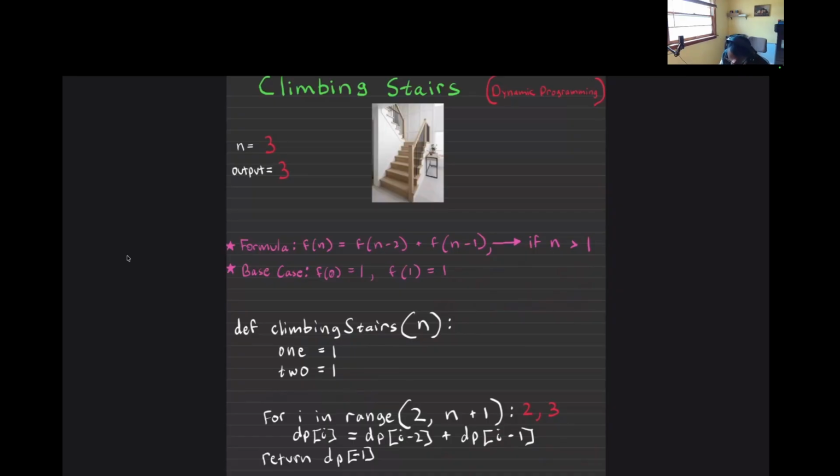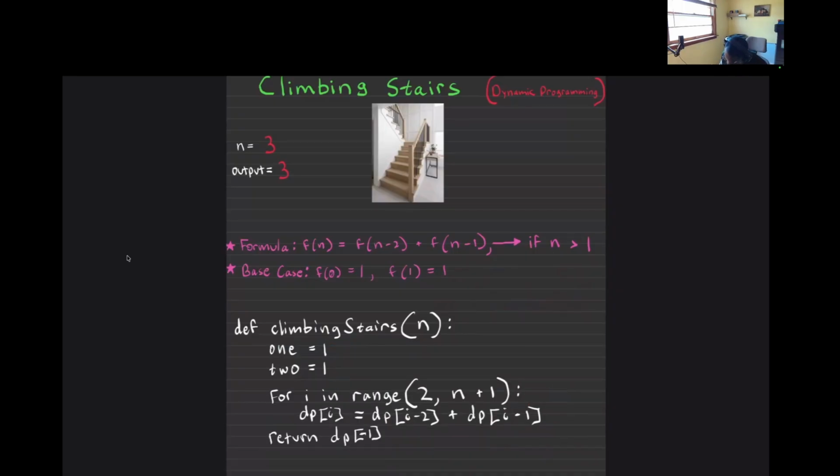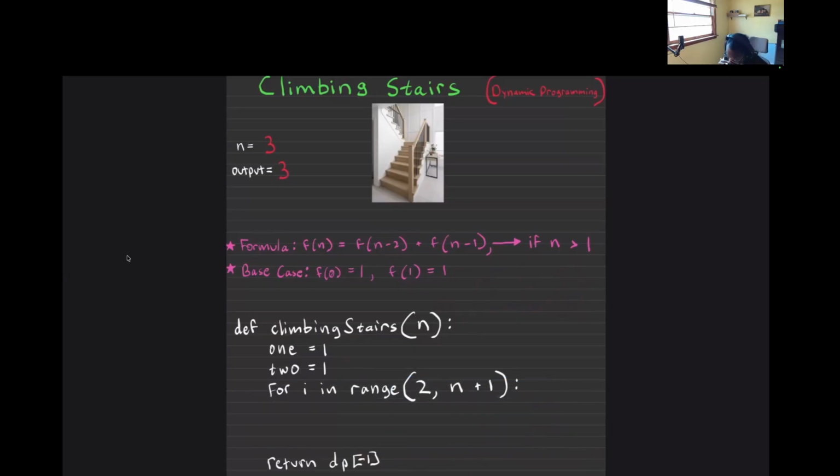Now for the logic in the for loop, all we have to do is say three is equal to one plus two. Then we want one to be equal to two, and two to be equal to three. Let's run this. Let's do a walkthrough so I can prove to you that this still works. By the way, we won't be returning dp of -1. I'll leave that empty for now, and I'll show you what we return once we finish the walkthrough.